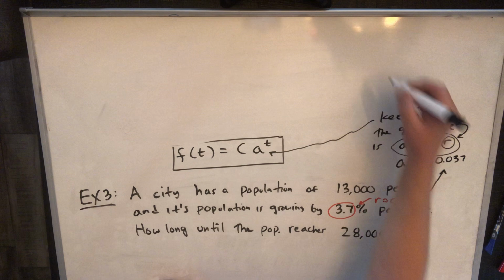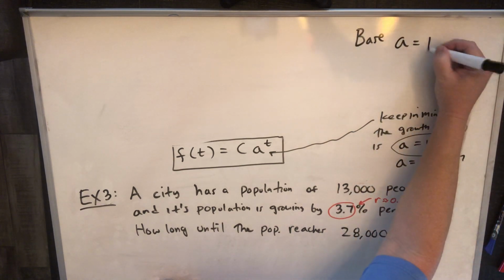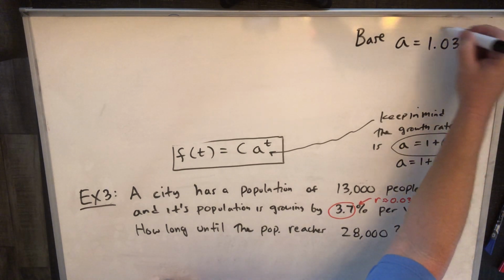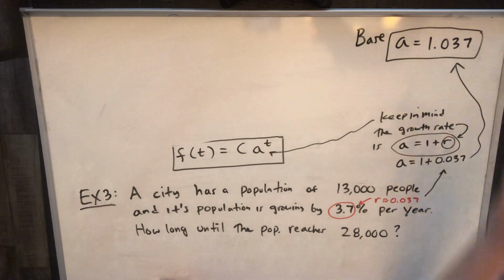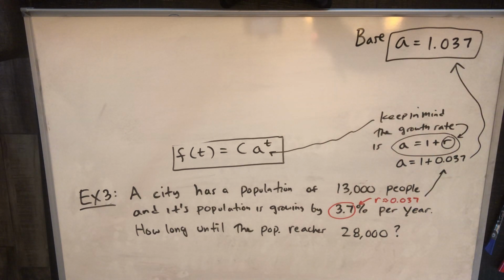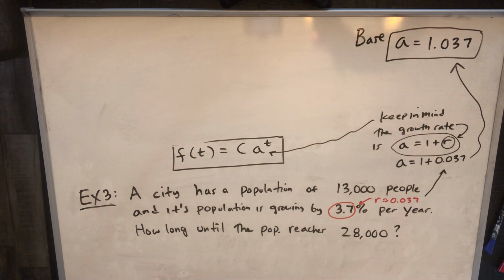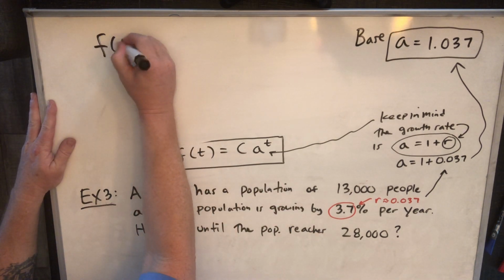That's going to be our base, 1.037. That's very important, that you don't use 3.7 as the base. It's 1.037. So we have our model, f of t.